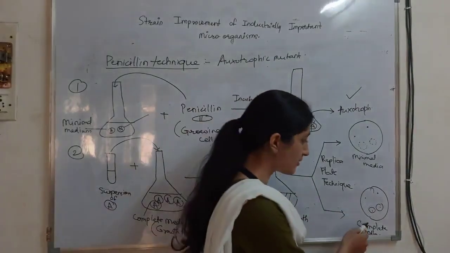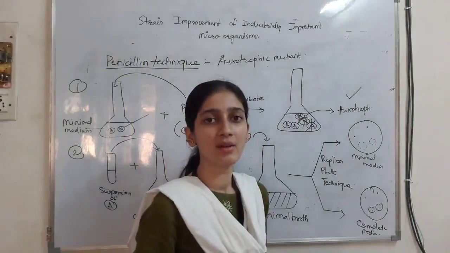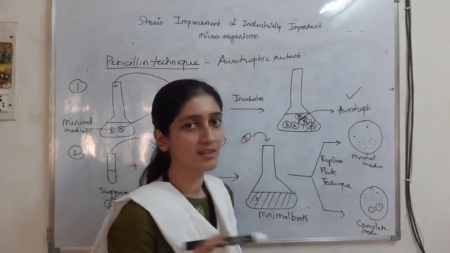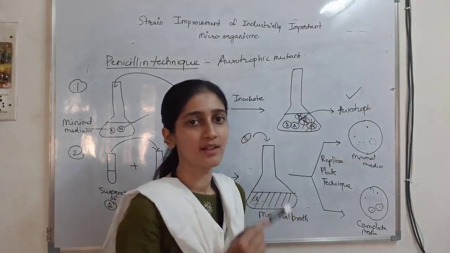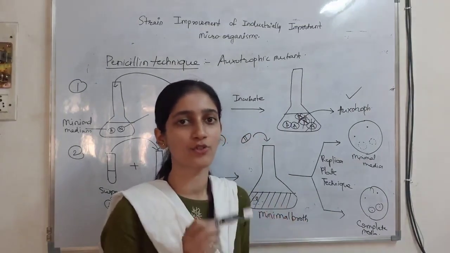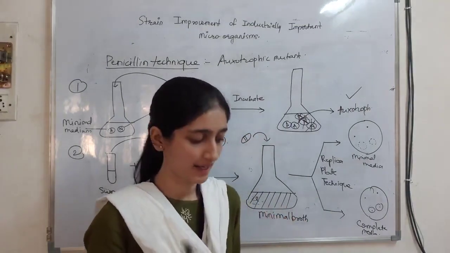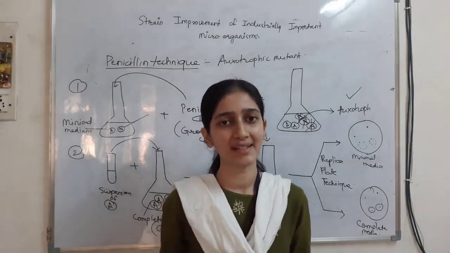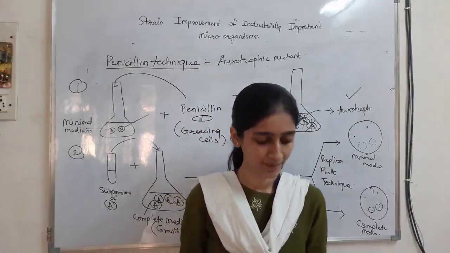By comparing both plates, we can say this is the auxotrophic mutant, and we can select it, store it, subculture it, maintain it, and then use it industrially.